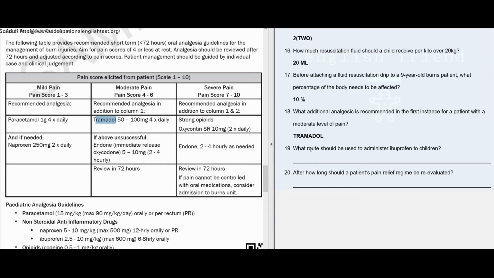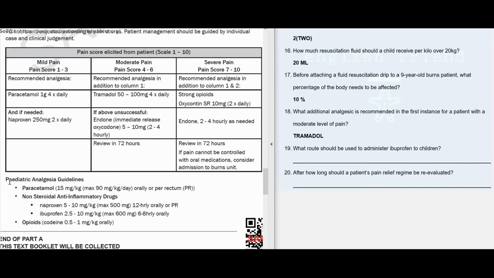Question number 19. What route should be used to administer ibuprofen to children? Same text. Here you may find pediatric analgesia guidelines, and here the drug can be found, ibuprofen, and the route is oral. So it should be given orally. So question number 19, answer is orally.